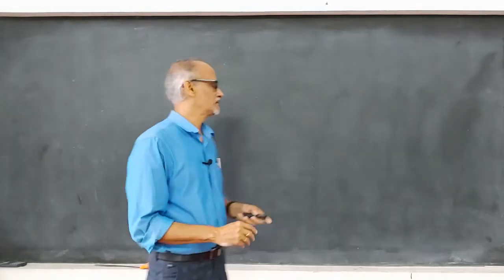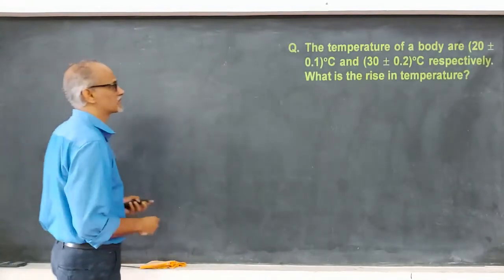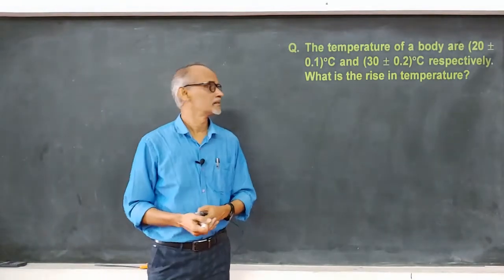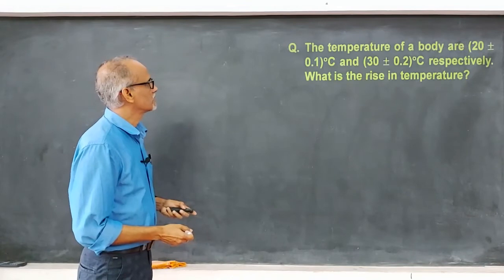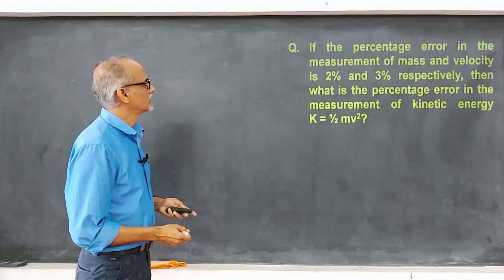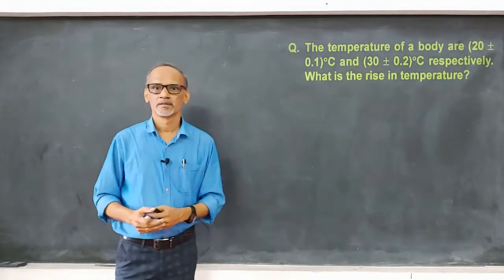Okay, so we are going to solve one more problem, and this will be the last problem of this particular chapter. Is this the last, or do we have one more? Yes, there is one more. So we'll solve this one.